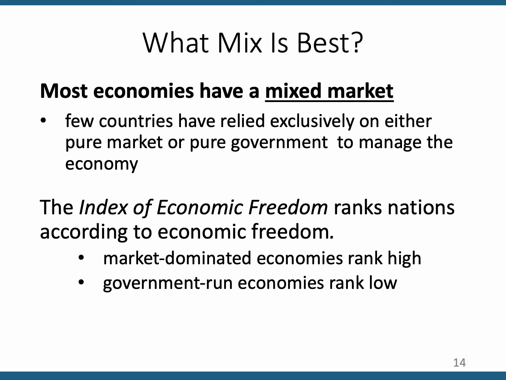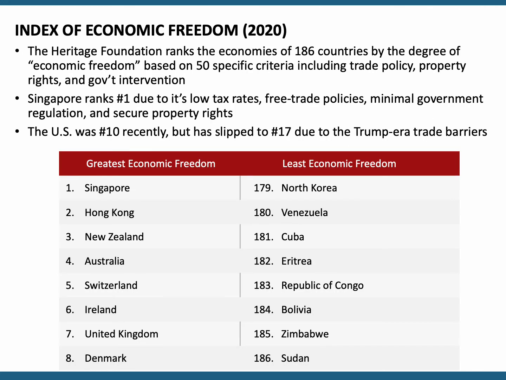So this is a list that's put together every year, and they look at, well, let's just go to the next slide. They look at all kinds of economic data, 50 different variables. So all of the economies of the world are ranked based on economic data that's available that measures 50 different criteria or variables. Their trade policy, how open are you to trade?